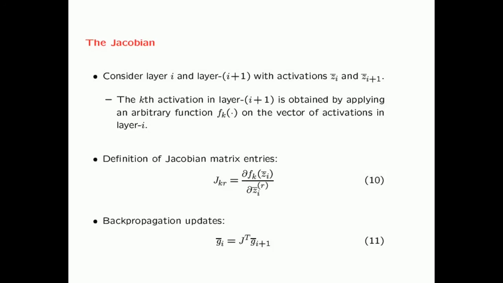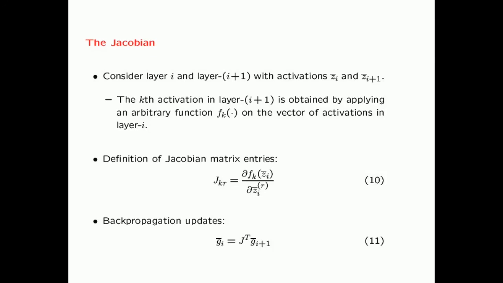So you have F_k, which creates the kth activation in layer i+1, and it has a vector argument. You define your Jacobian matrix entries J_kr, which is the partial derivative of F_k, the kth element of the function, with respect to the rth component of the activations in layer i.